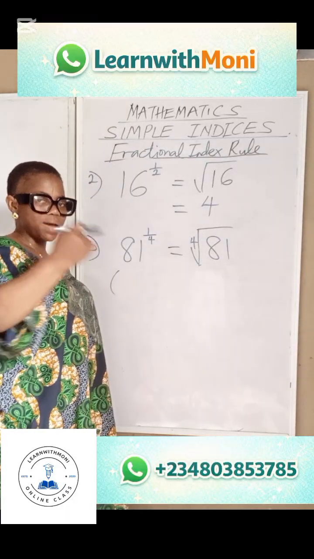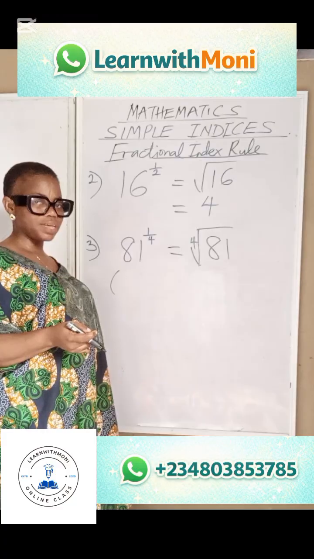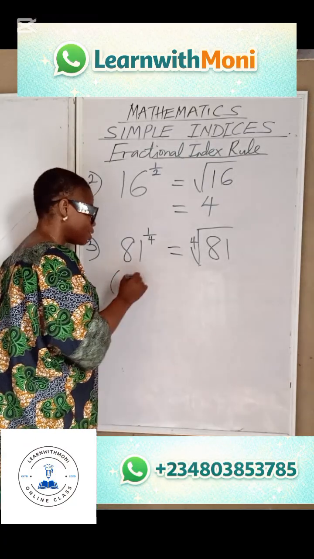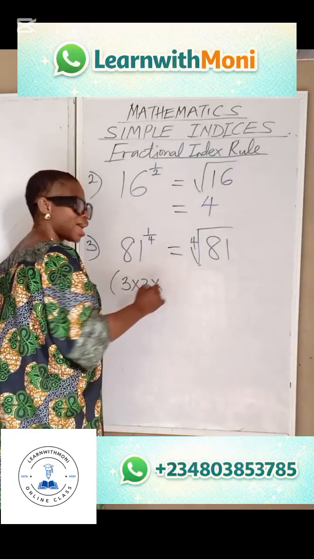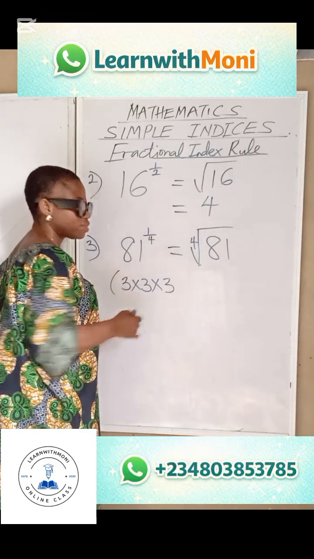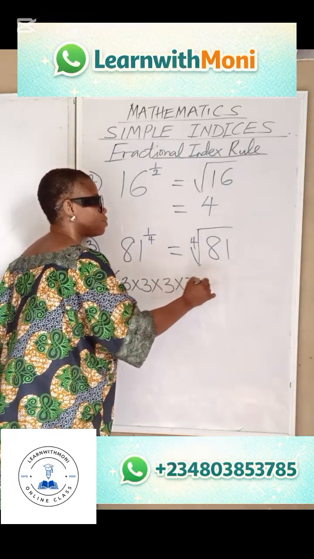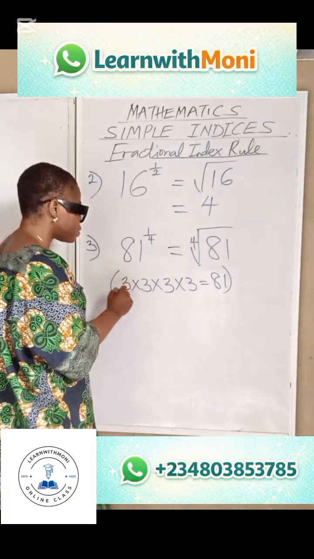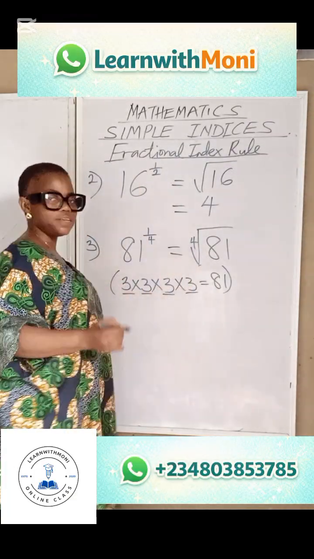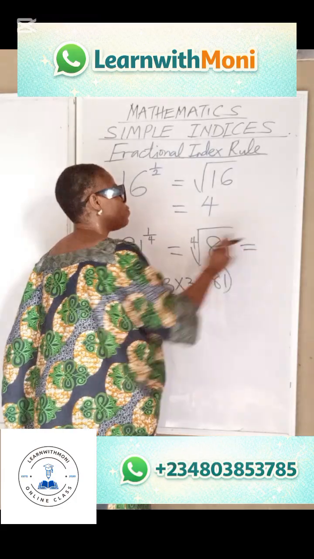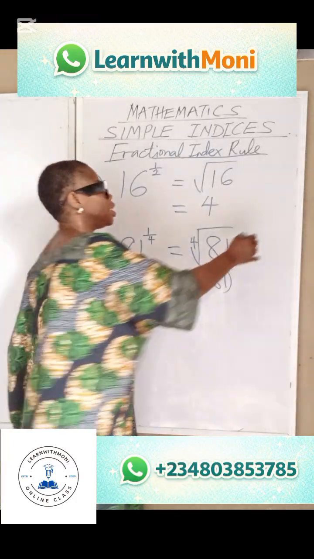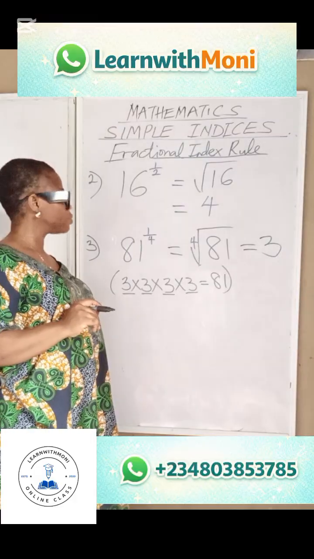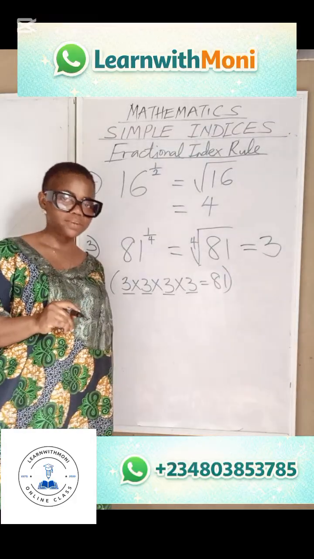I think you get it. That is 3. 3 times 3 is 9, times 3 is 27, times 3 is 81. So 3 is the number which when multiplied by itself 4 times gives 81, and that means the 4th root of 81 is 3. That is that about the fractional index rule.